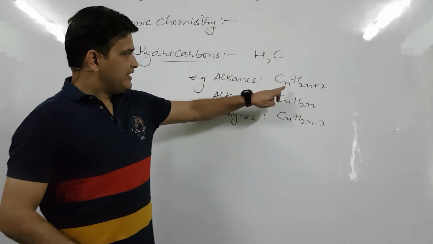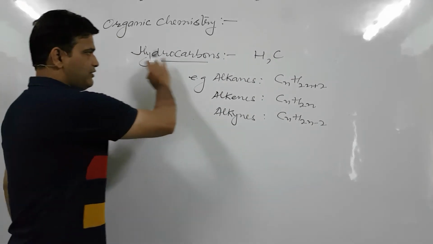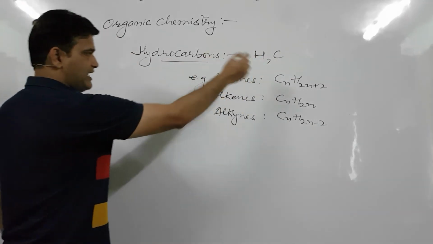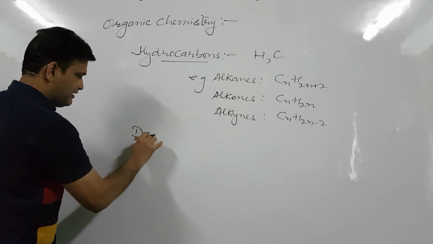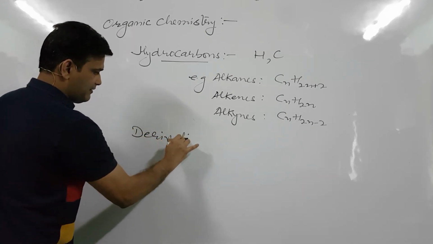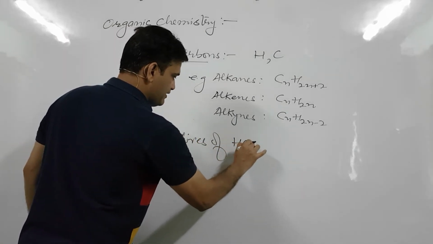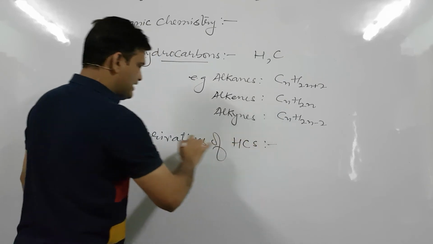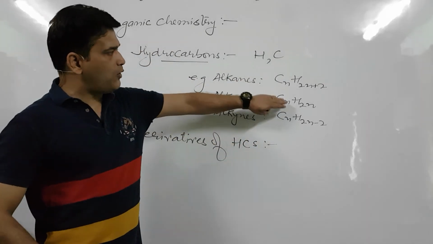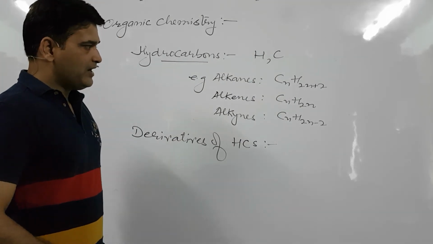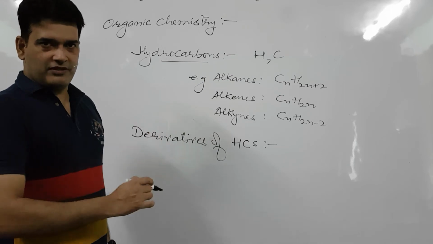You can see they are the compounds of carbon and hydrogen only. They are hydrocarbons, compounds of hydrogen and carbon. And there are derivatives of hydrocarbons. They are the compounds obtained from the hydrocarbons, and they are collectively known as organic compounds.